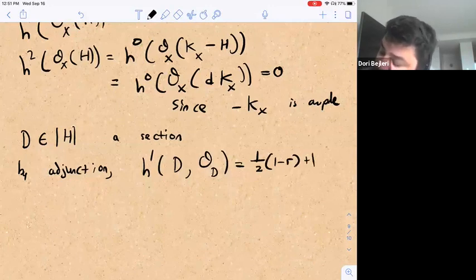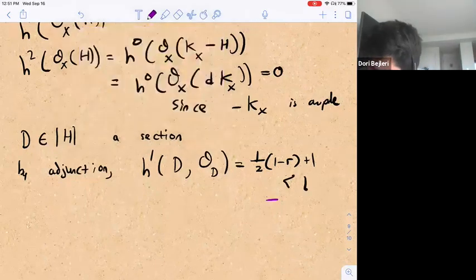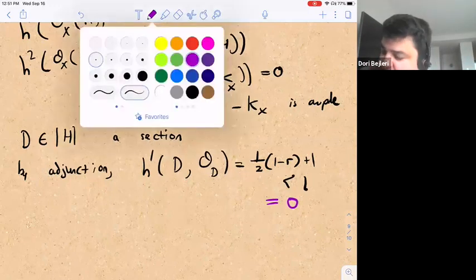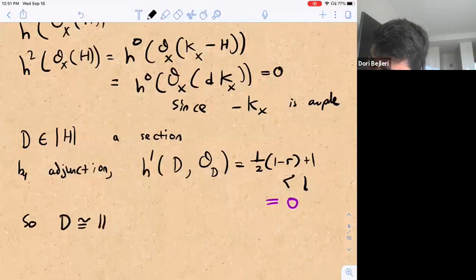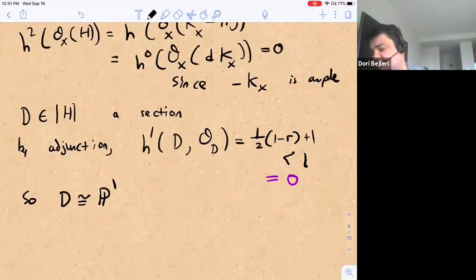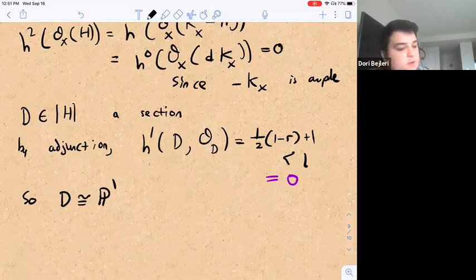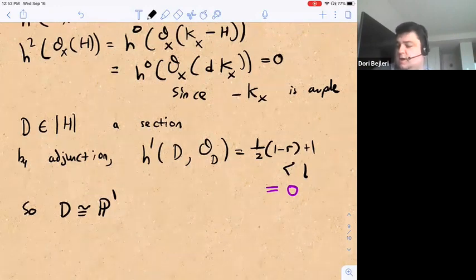Since r is bigger than 1, we know that this is strictly less than 1. So it has to be 0. So the sections of this H have to be rational curves. But in that case, if D is isomorphic to P1, then we actually know what r is, because the only r that makes this 0 is r equals 3.